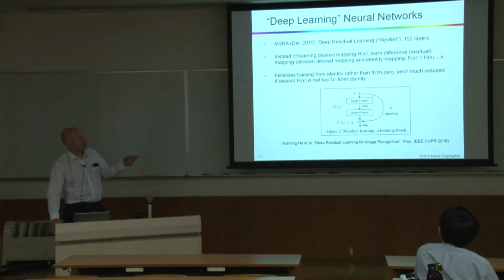quite often these are rather close. So rather than learning a whole new mapping, it's easier to learn a smaller difference between these things. So you initialize training from identity rather than from zero. If your desired mapping isn't too far from the identity, which usually it isn't, then this is much more efficient.